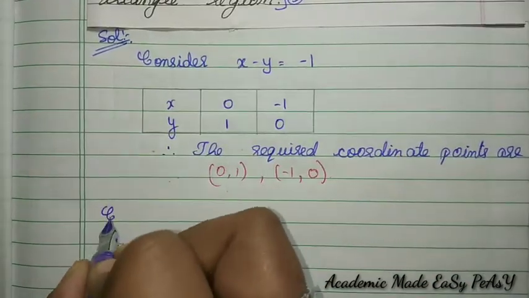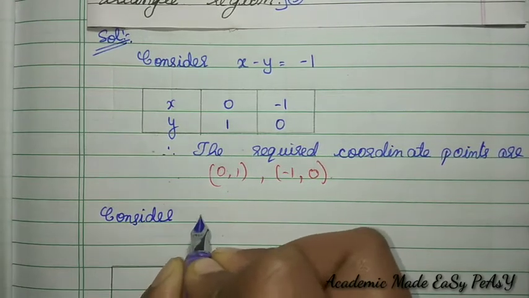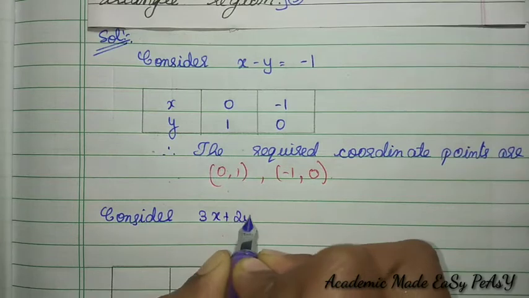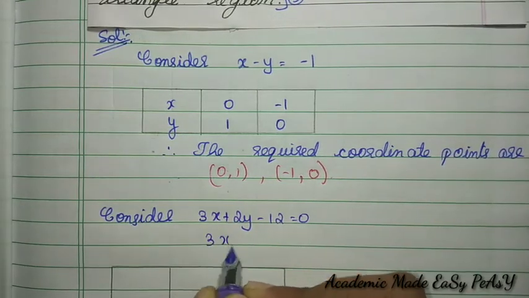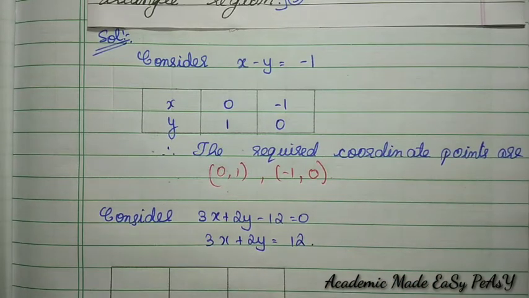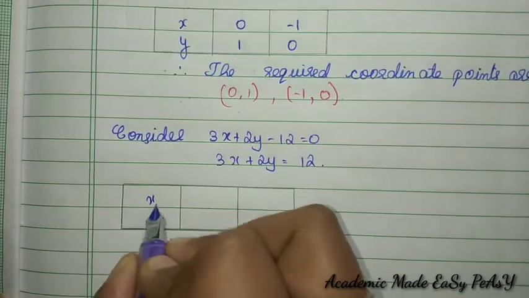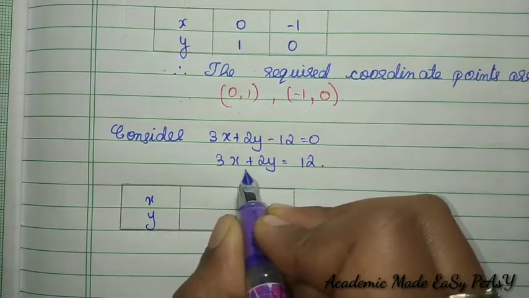So now consider 3x plus 2y minus 12 is equal to 0. This is the equation. So 3x plus 2y is equal to 12. So x and y. If I have my x as 0, this whole term will become 0. No?